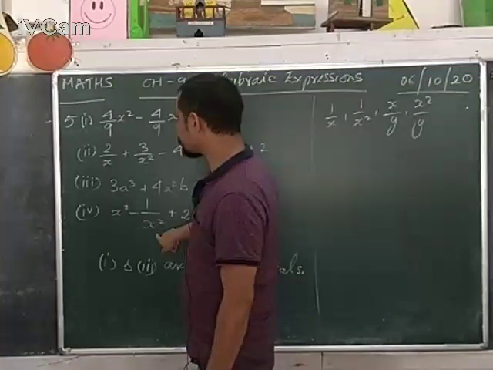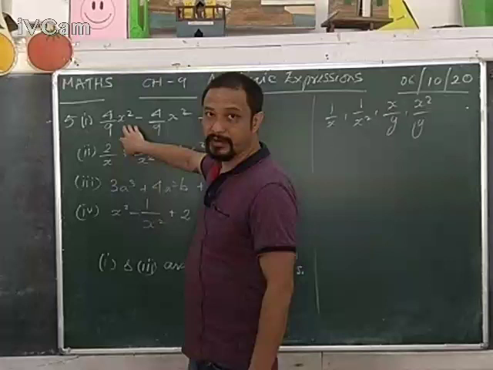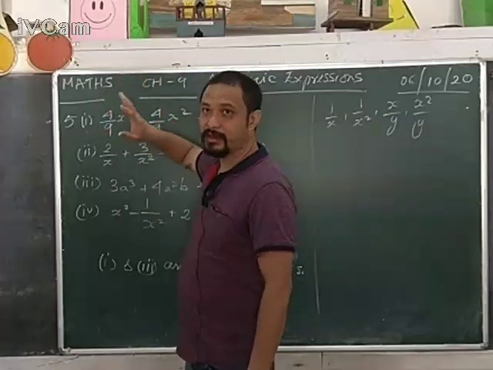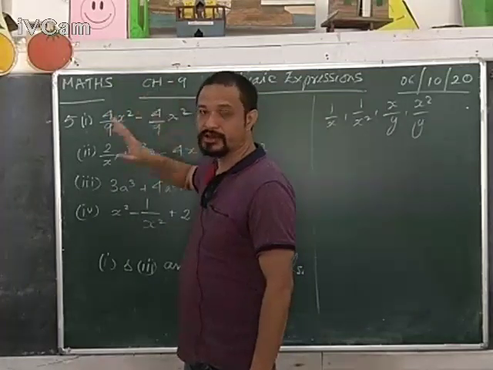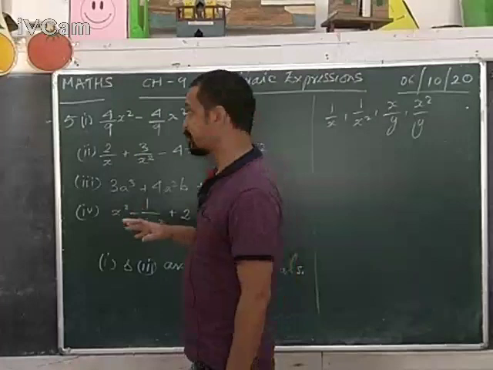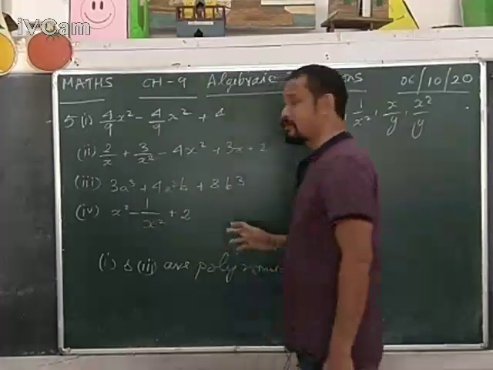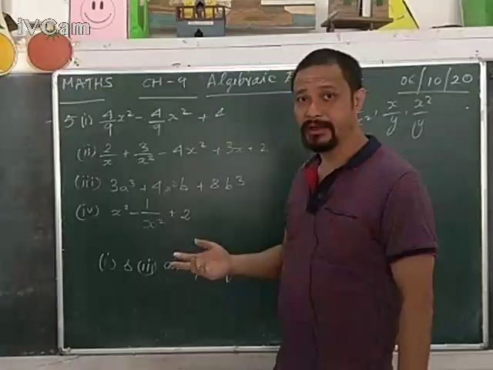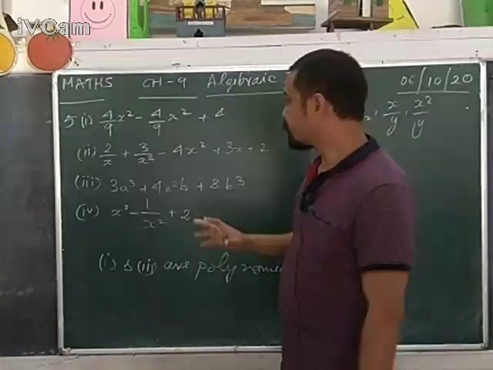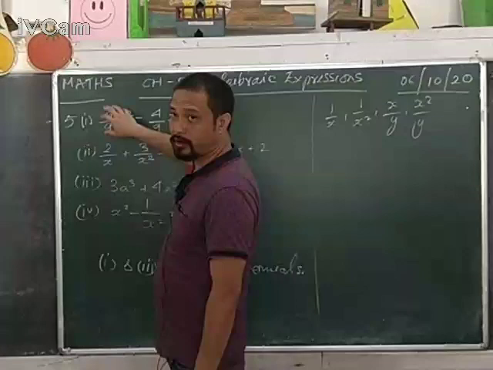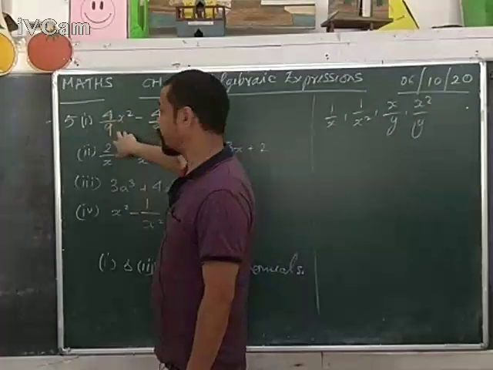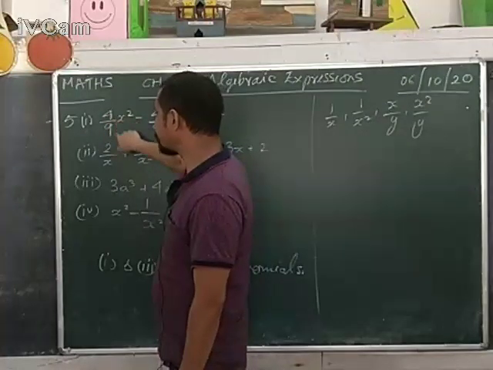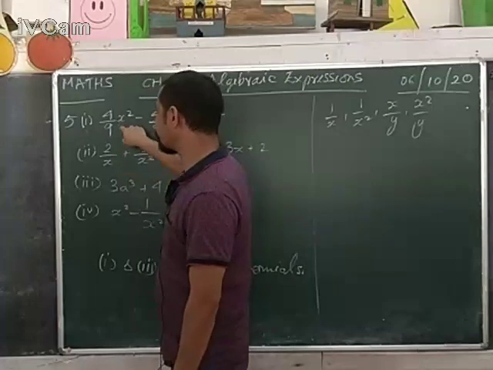Why? Because we were talking in algebra, I've talked about constants and variables. Variables are the alphabets or a combination of alphabets and numerals, right? If it's in a fraction format, the denominator has to be a number itself.